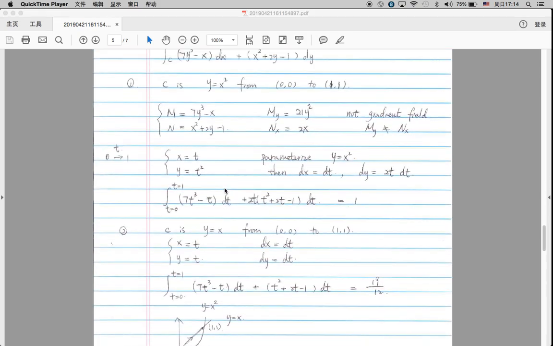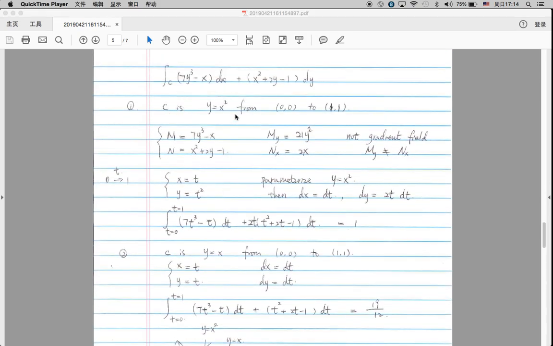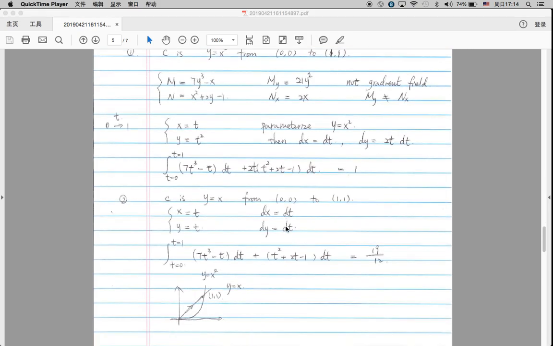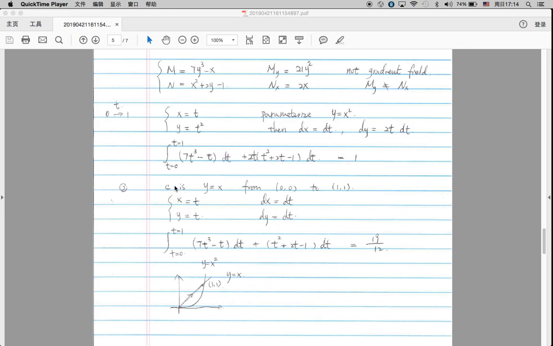So this is the curve. So we are integrating this over the curve that is a parabola from (0, 0) to (1, 1). Let's say we have another path here, which is basically a straight line. So in our first example, we are calculating the line integral over this curve here.